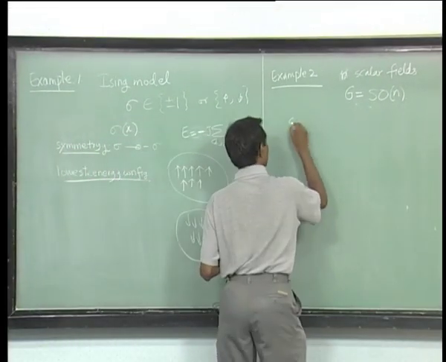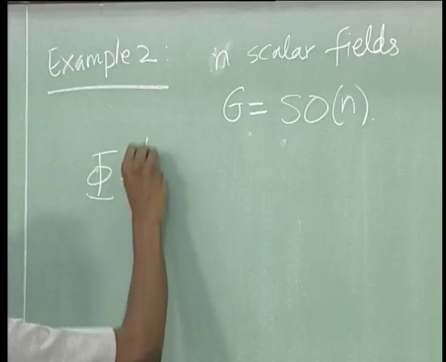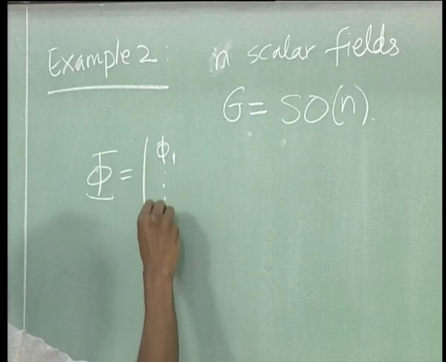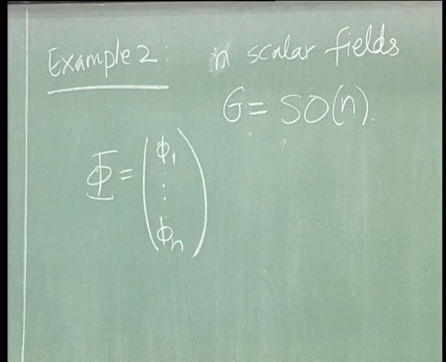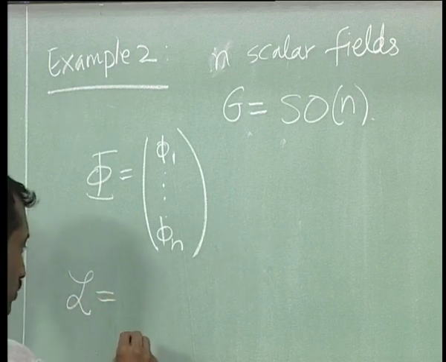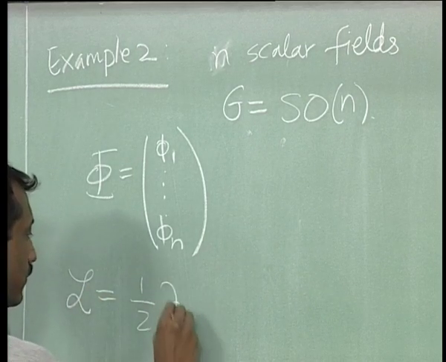So let us just take n scalar fields and I write them as an n-tuple, and then choose a Lagrangian which is SO(N) invariant.